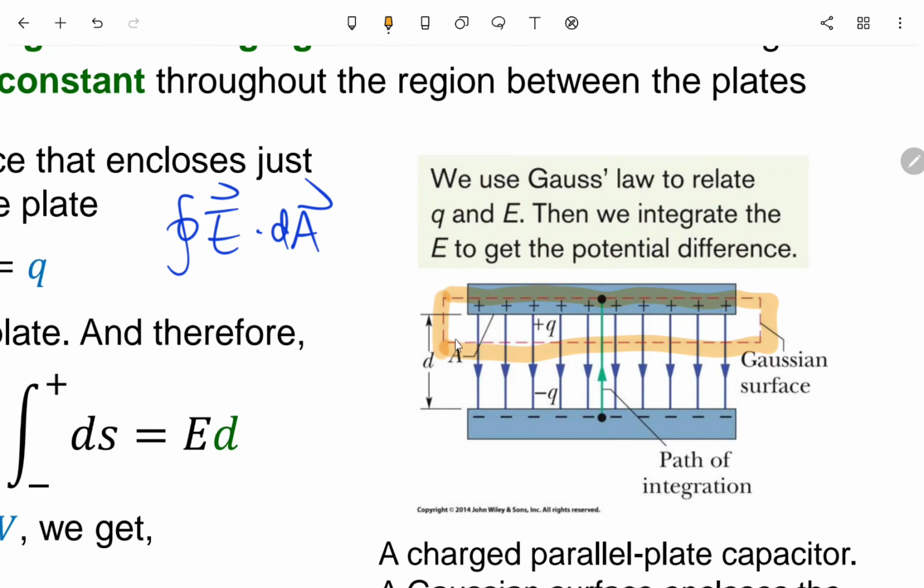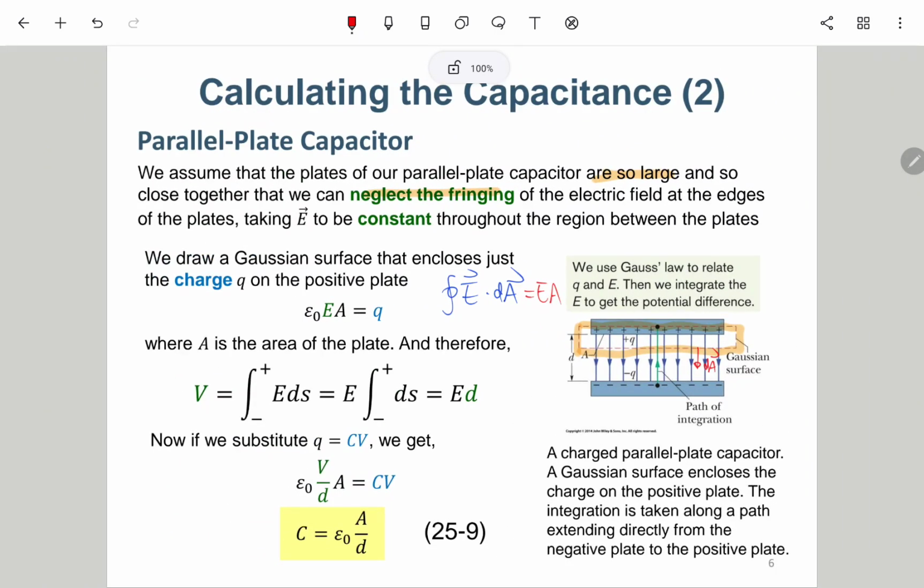As this is a surface integral over the Gaussian surface, dA is pointing downward, and the E field is also pointing downward. So it is E times dA, and E is constant throughout the parallel plate, so it is nothing but E times A. So finally, it turns out to be like this.